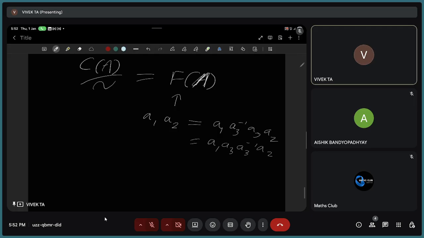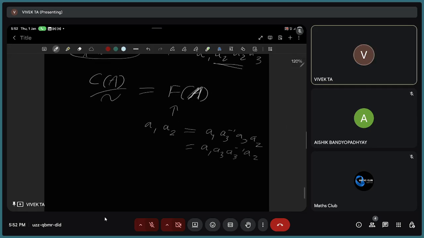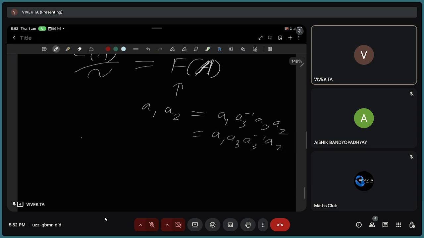Do you understand? But in this case, now if we take our operation to be just concatenation, you can take a1 a2 as one word and operate it with a2 inverse a4 a5, maybe.